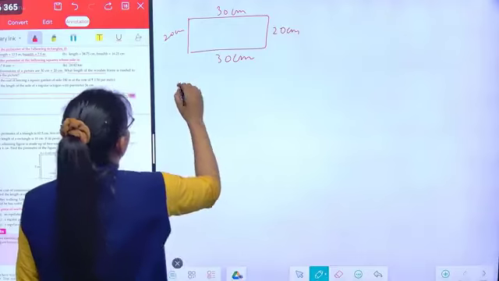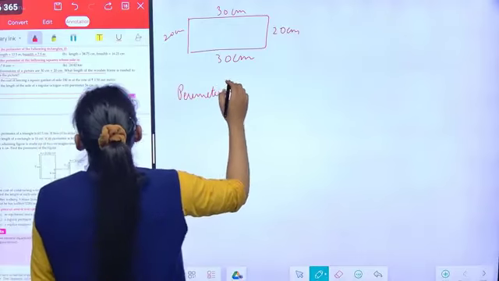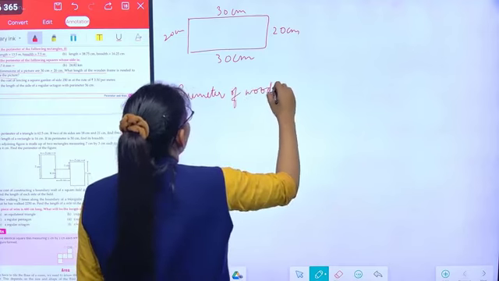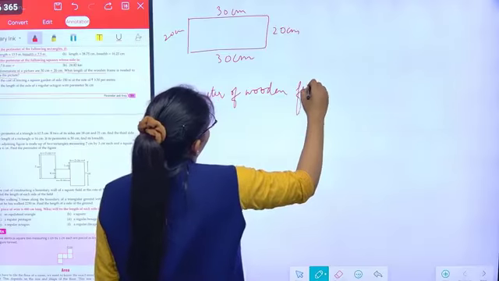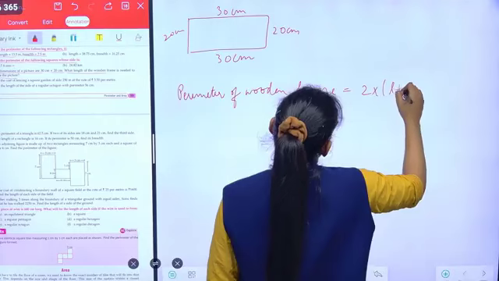Now length is being asked, means perimeter of wooden frame, that is 2 multiply length plus breadth.